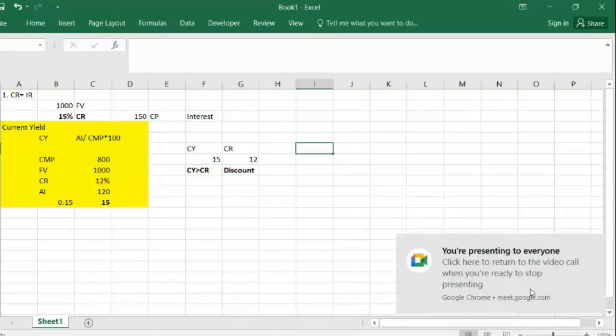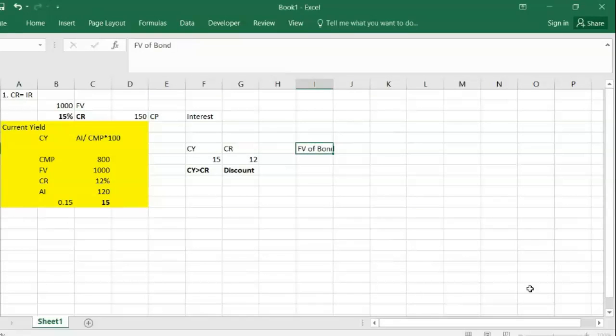Okay. So, face value of the bond is 100 rupees, and the coupon rate in this problem is 13%.